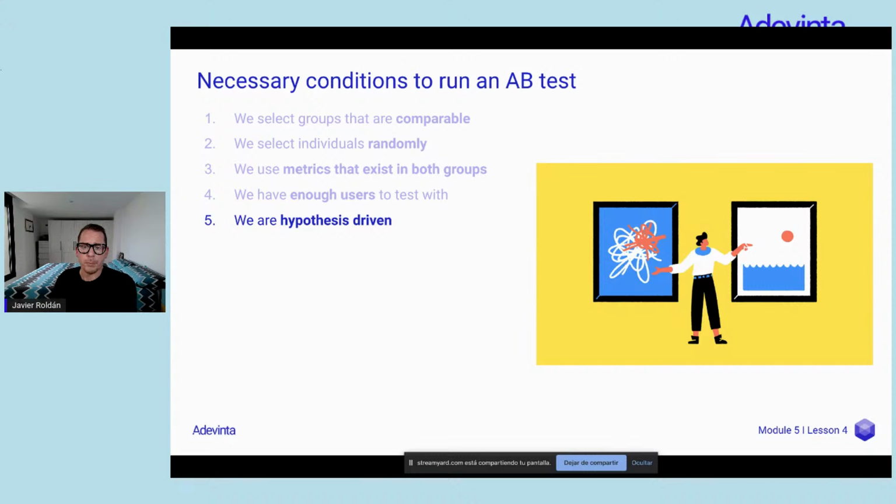Having a well-defined hypothesis is key to ensure learning in our experiment. In the next lesson, Fabio will explain to you how to build a good hypothesis for your A/B test.